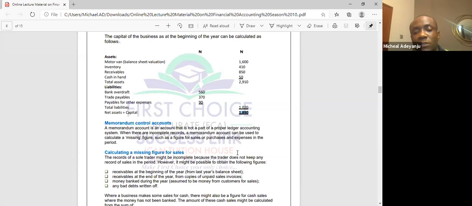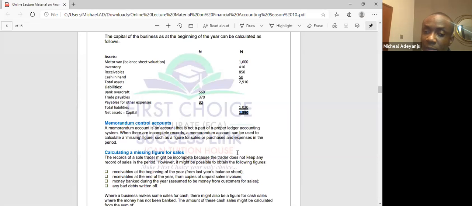So calculating the missing figure, the record of a sole trader might be incomplete because the trader does not keep any record of sales in the period when they do not employ proper accountants. Anyways, it might be possible to obtain the following figures.